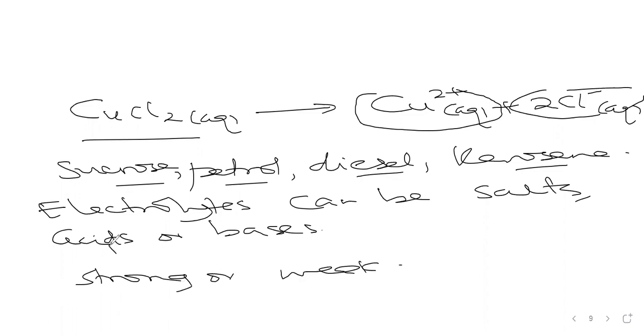So an electrolyte can be a strong acid or a weak acid. An electrolyte can be a strong base or a weak base. We cannot say an electrolyte can be a strong salt or a weak salt. There is no strong salt and weak salt. Salts are salts. And most of the salts, by the way, are very good electrolytes.